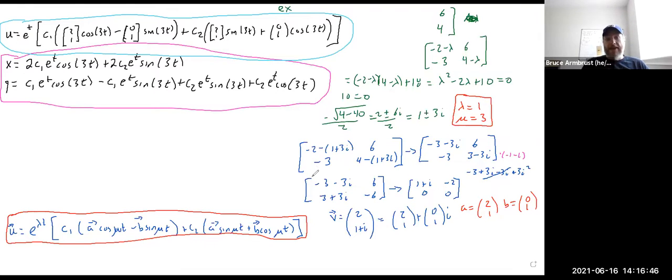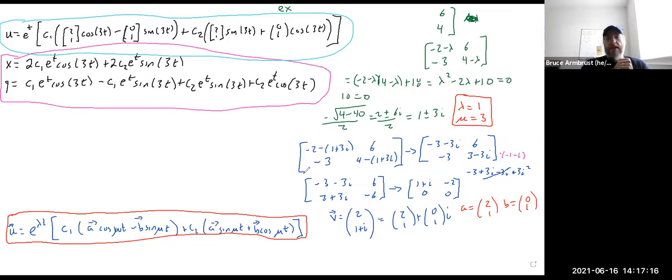Now, another thing that can happen, and I don't think I can just create a matrix that'll do this, but there are going to be systems that lead to having both real and complex eigenvalues, right? So you can imagine that once we are solving our characteristic polynomial, that we get maybe plus or minus i and 4 or something like that.